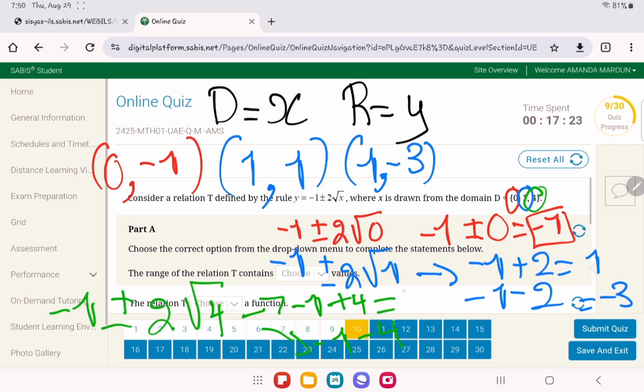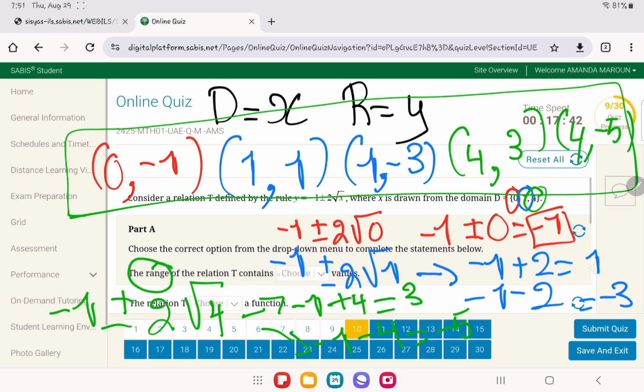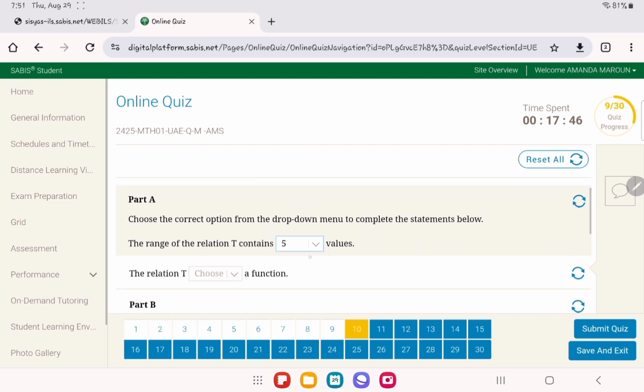If we do -1 plus 4, we will get 3. So that means we have 4, 3. And if we do -1 minus 4, we will have -5. So 4 and -5. That means we have 5 points. That means the range contains 5 values. Okay?